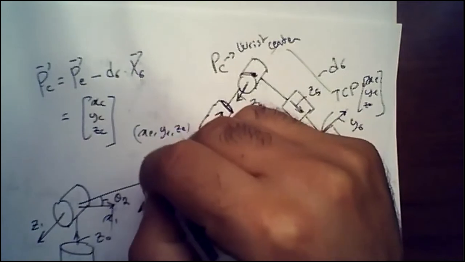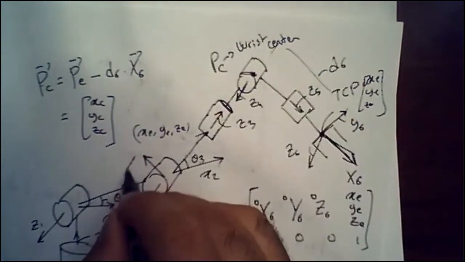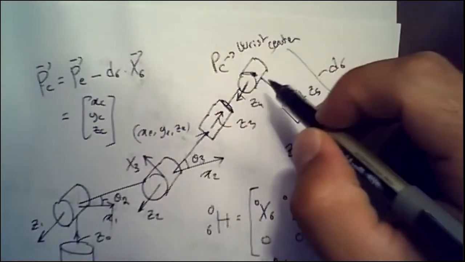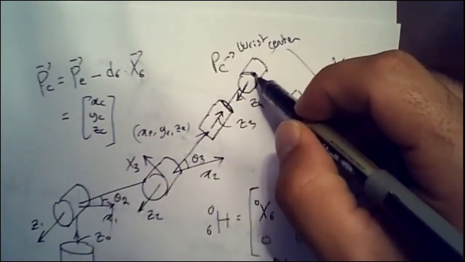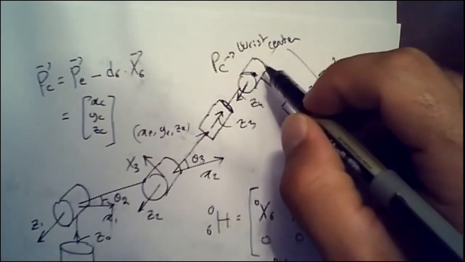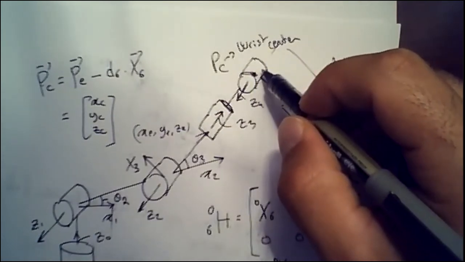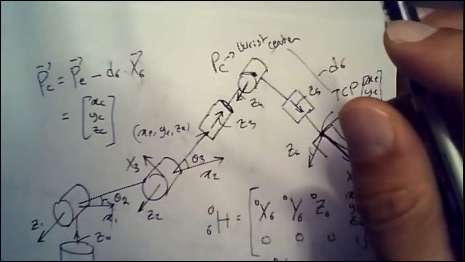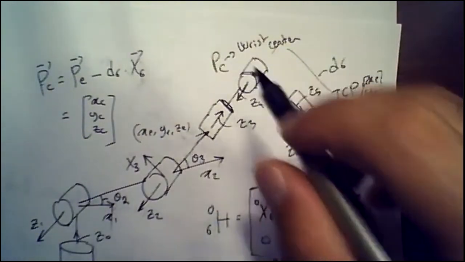So this is my X3 right here. Now how about X4? X4 has to be perpendicular to both Z4 and Z3, and also intersect them. So how do you think that would have to be?